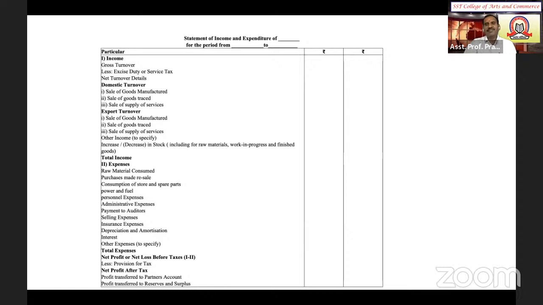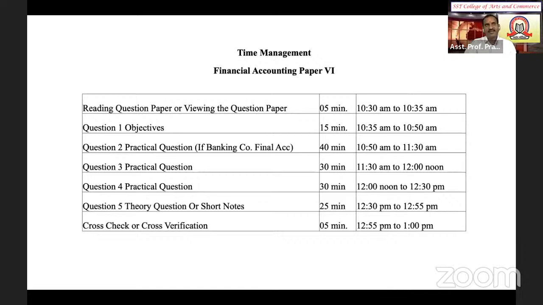Here, no schedule is required to be prepared. So just like your 12th standard, you can draw the vertical format and post all the items which are given in the trial balance and give the two-fold effects for the adjustments. So every topic here we have completed.